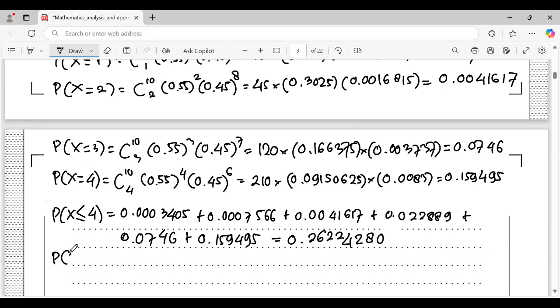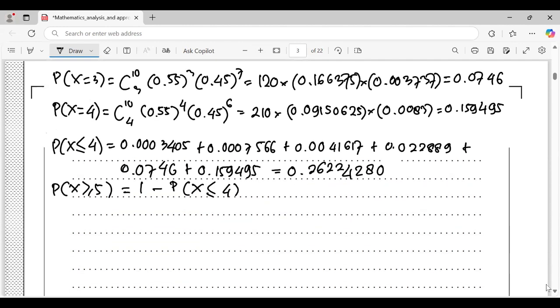And the probability of x greater than 5 is equal to 1 minus the probability x less than or equal to 4. 1 minus this result, 0.26224280, equals 0.7377572.